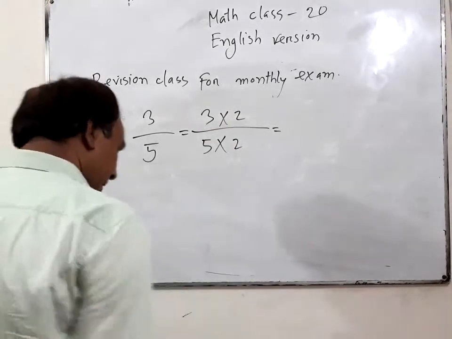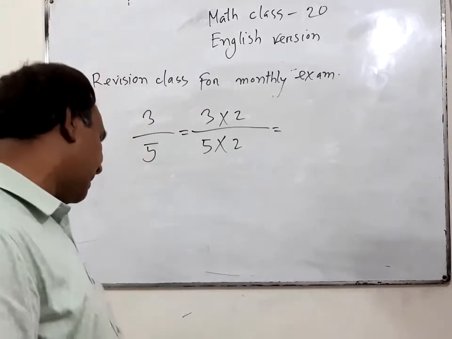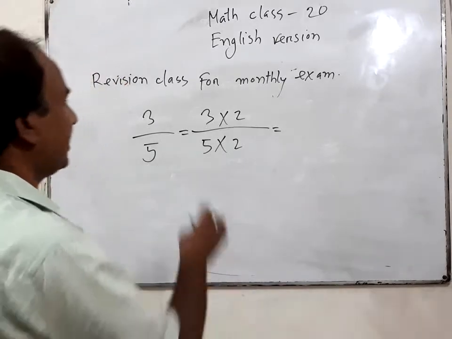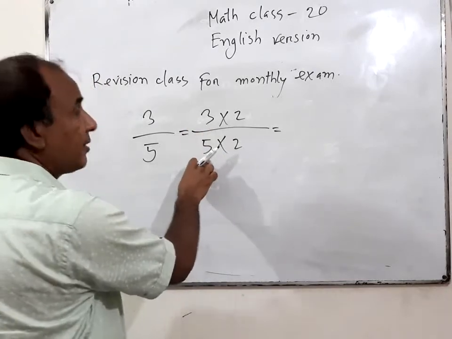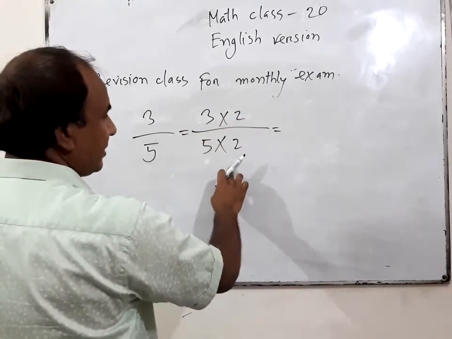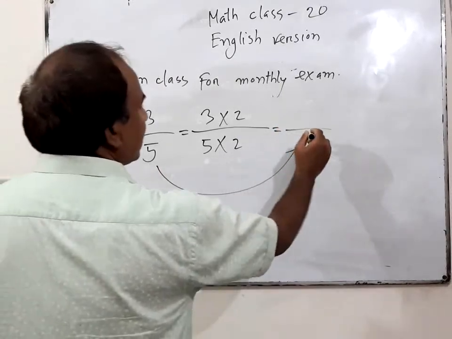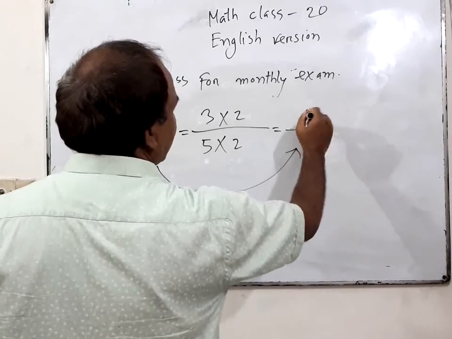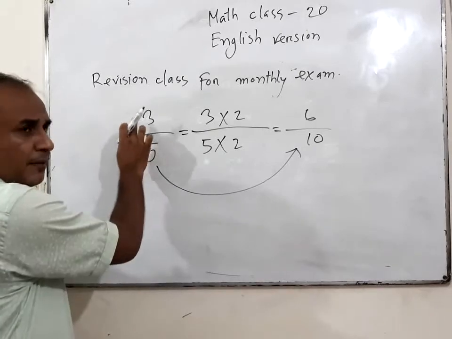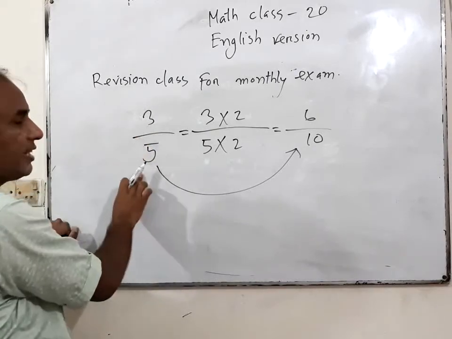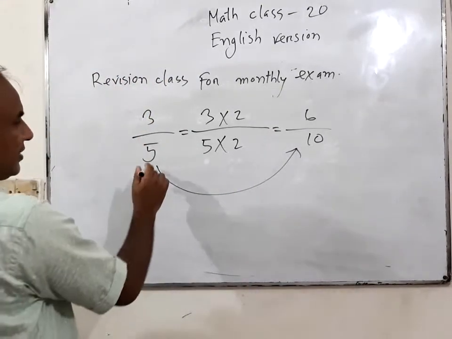The numerator is 3, the denominator is 5. We multiply with the same number, then we will get the equivalent fraction of this fraction. That means 6 over 10. So the equivalent fraction of 3/5 is 6/10, or both are equivalent fractions of each other.